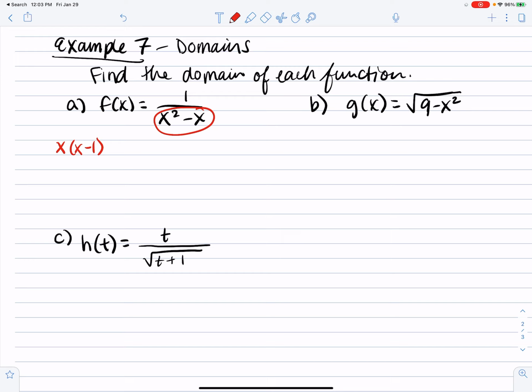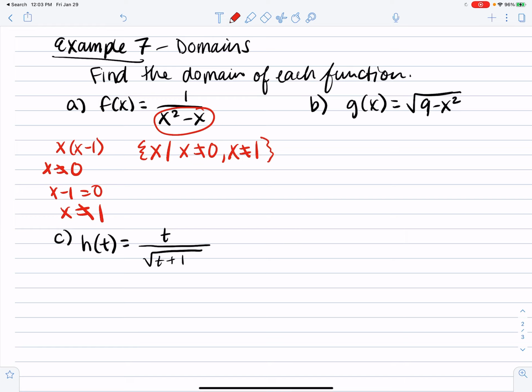So that cannot equal 0. That means x cannot equal 0 and x minus 1 cannot equal 0, so x cannot equal 1. So those are our two limits there. So the way we write this domain is x, where x cannot equal 0 and x cannot equal 1.